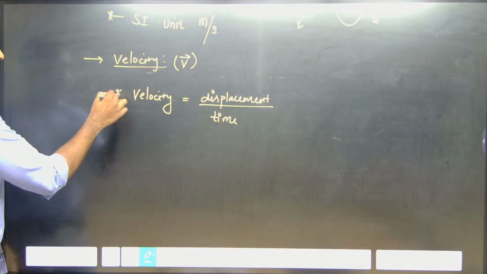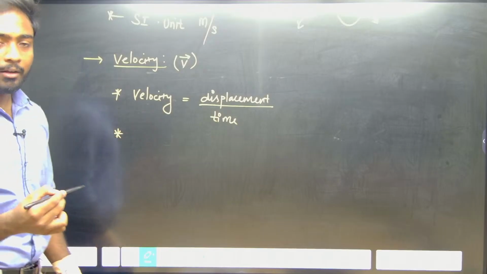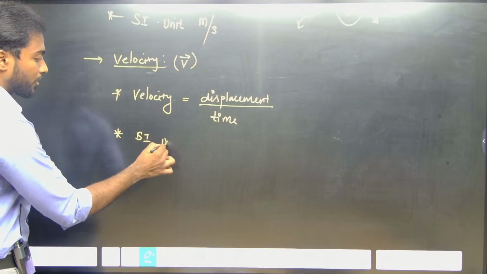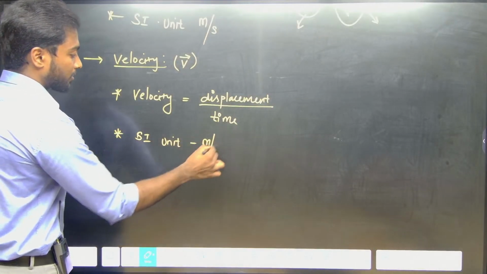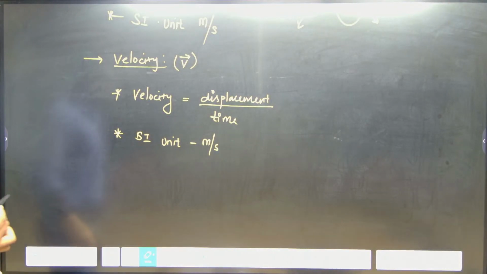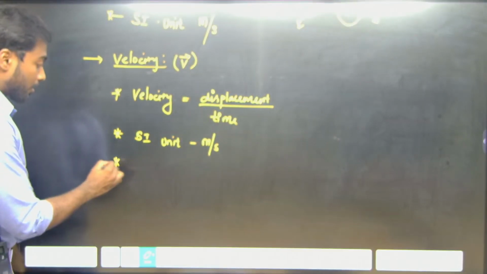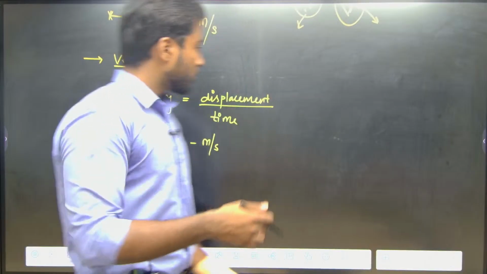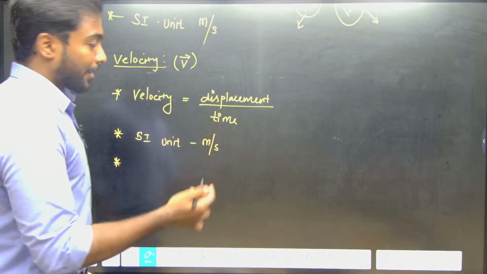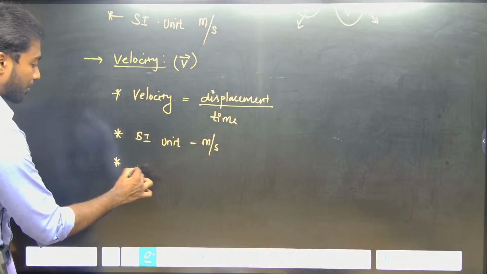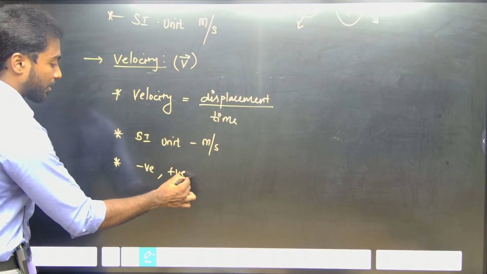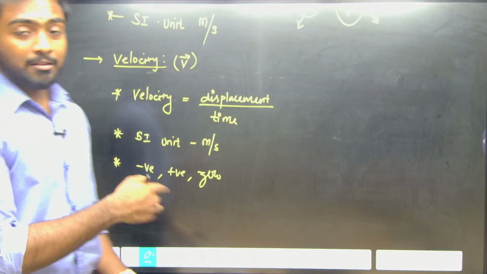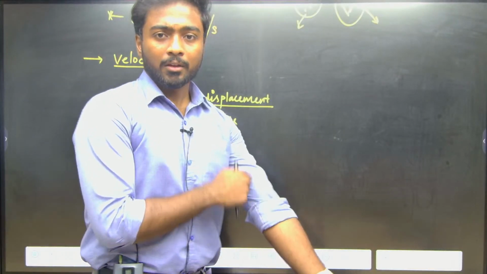The SI unit of velocity is also meter per second. It can be positive, negative or 0. Yes, it can be negative also, since we are talking about displacement. What about distance? Distance can be 0, yes.